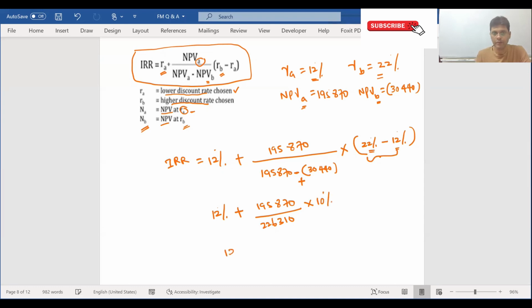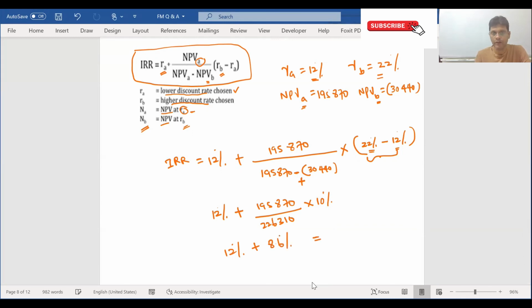So when you simplify, that will give you 195,870 divided by 226,310 times 10, 8.6.